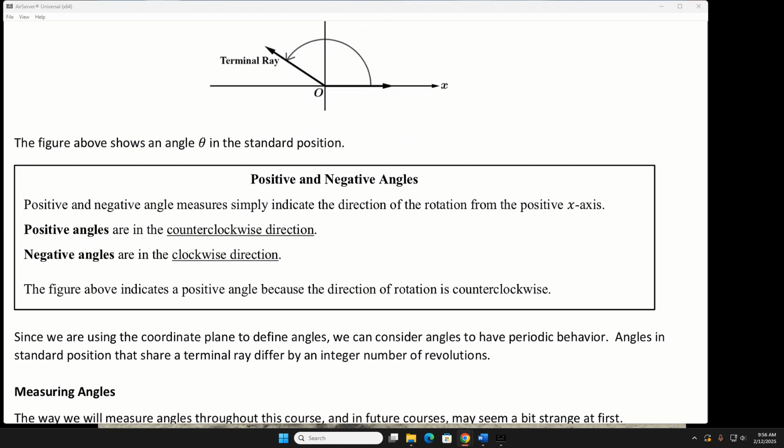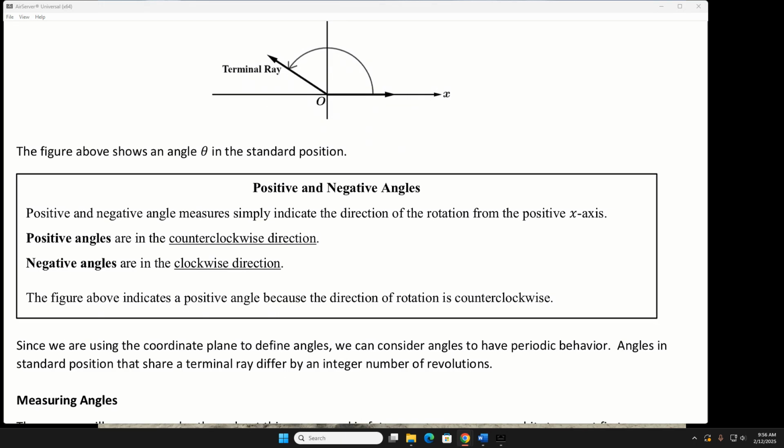We can think of angles as having a periodic behavior because they're rotating around. Angles in standard position that share a terminal ray differ only by an integer number of revolutions. That's a weird way to say it, and we'll talk about this some more. But those are called coterminal angles.